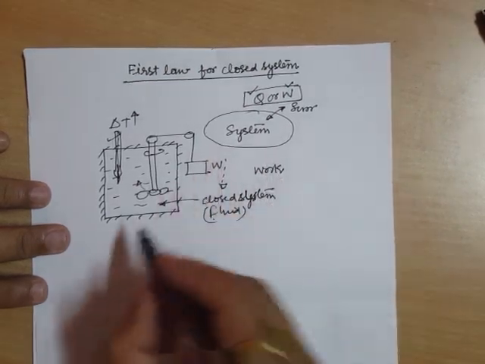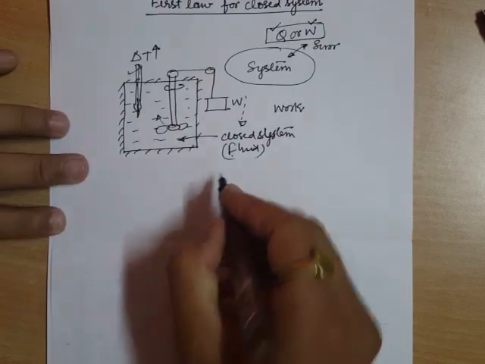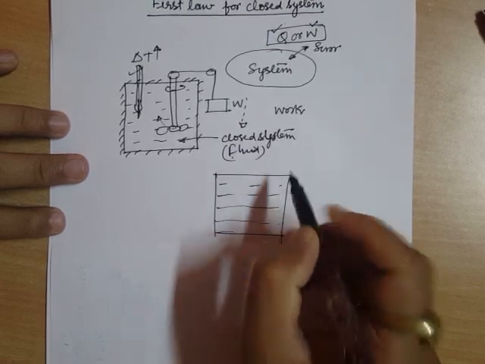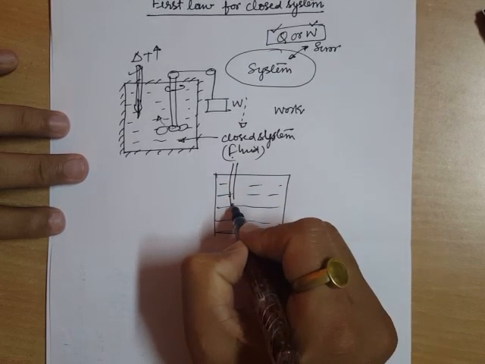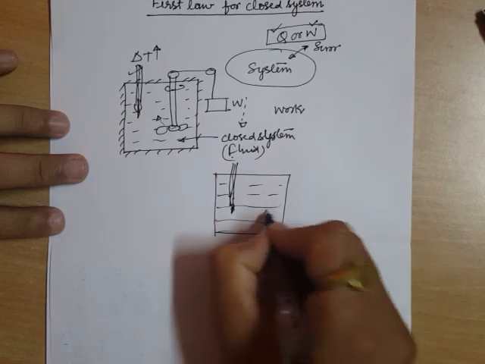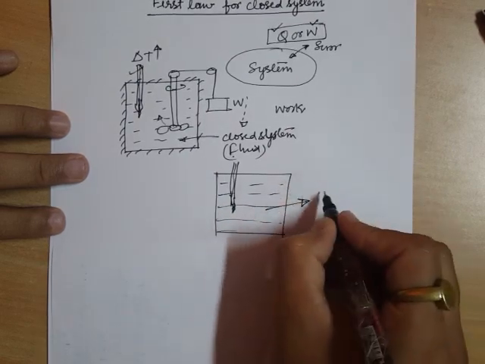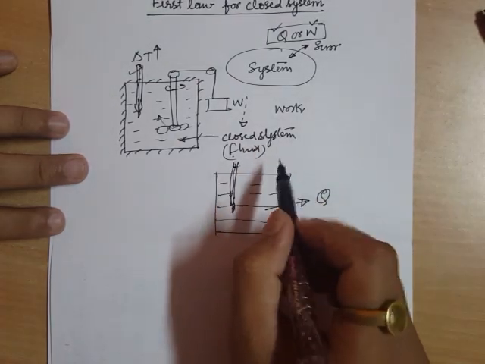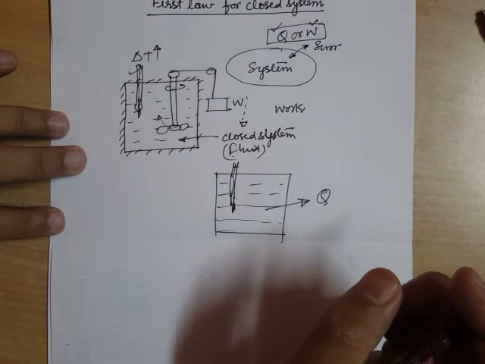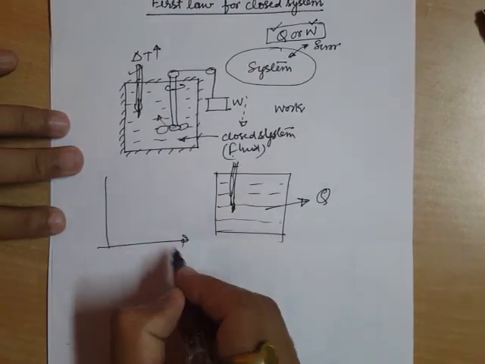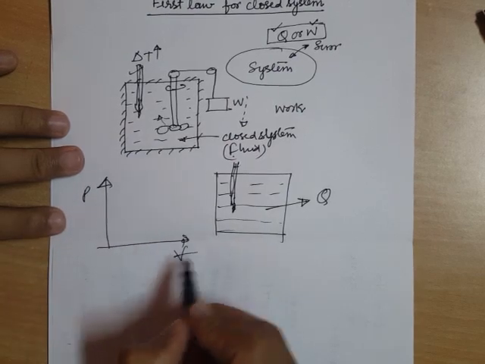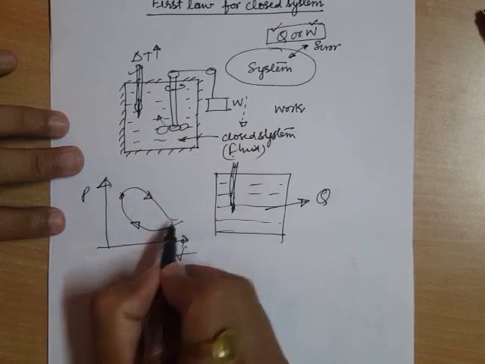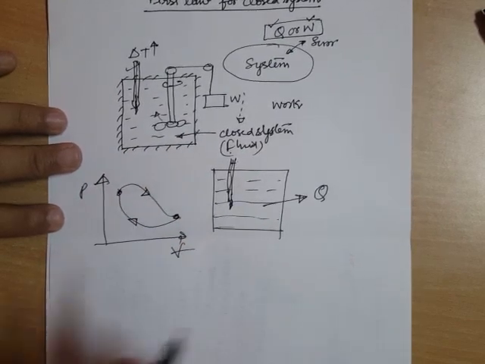Then he removed this partition, and as the partition is removed, the heat, because of the temperature difference, will move out to the atmosphere, and the temperature of this thermometer will again come back to its original limit. So basically he performed a process in one direction and another process so that he can arrive at the same point. So he performed a cycle.